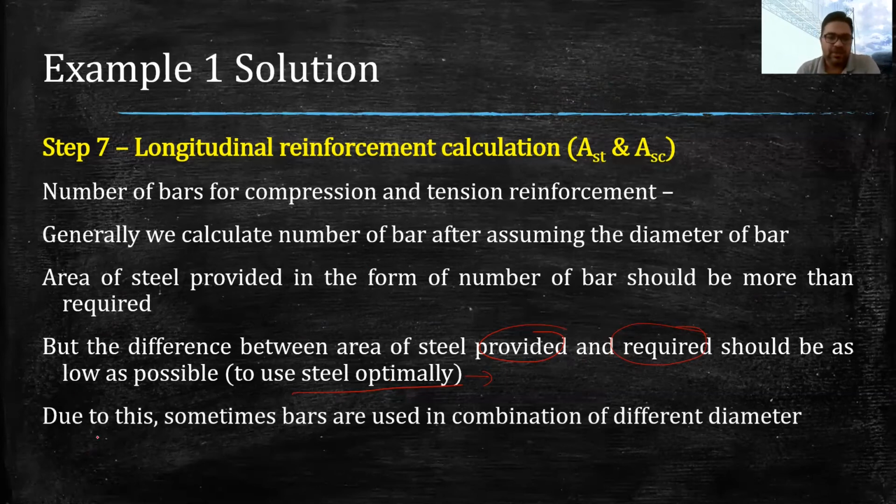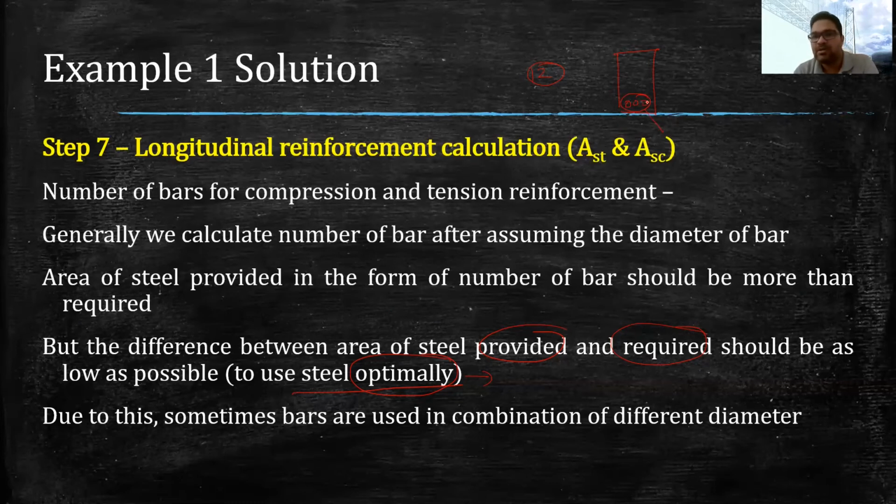And because we have to use our steel optimally, sometimes we use bars in combination of different dia. It is not like we will use all bars of 12 dia only. Say for example, in the beam, the bars may not all be of the same dia. They may be of different dia.